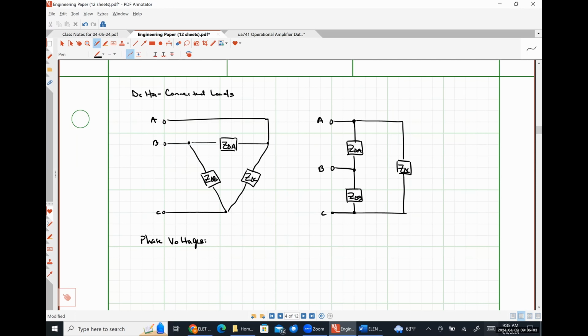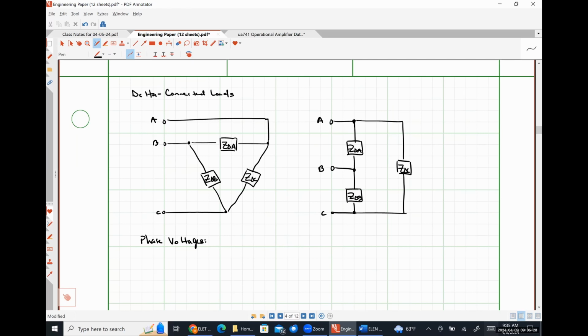Yeah, no, it won't be the same thing as what we just did because that was Y connected. By definition, our phase voltage is just the voltage drop across a single phase of our source or load, right? So the impedance Z delta A is one phase of our load. So the voltage drop that we're looking at there should be between the A and the B nodes, right?